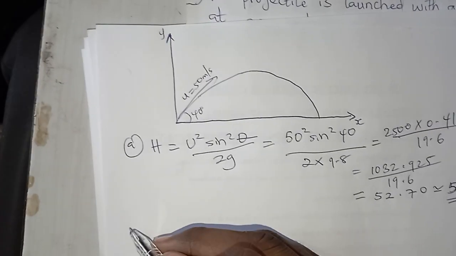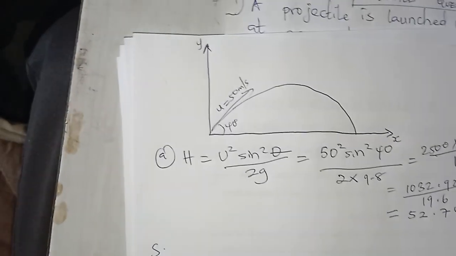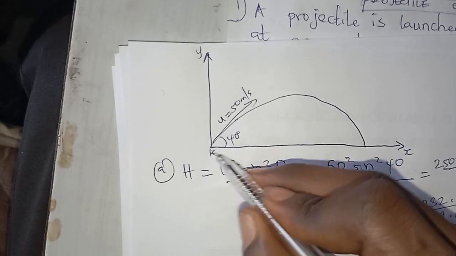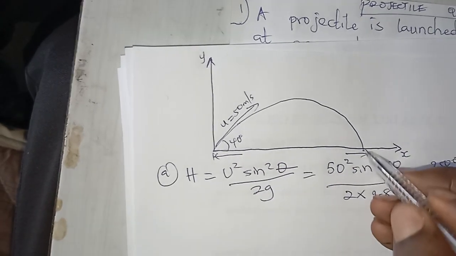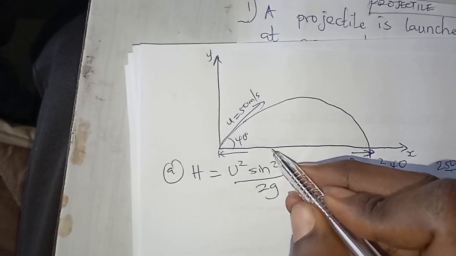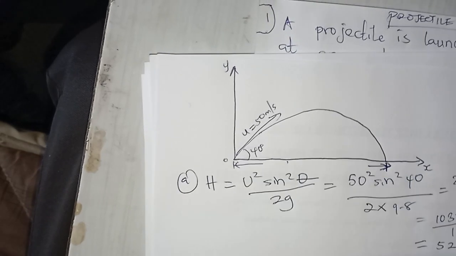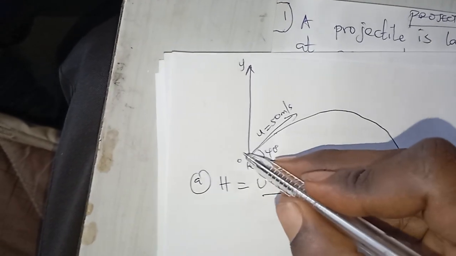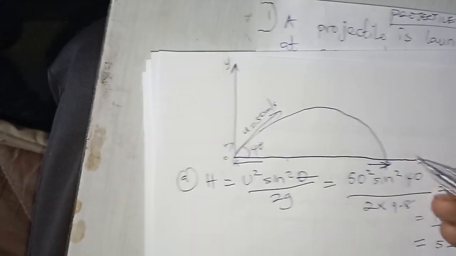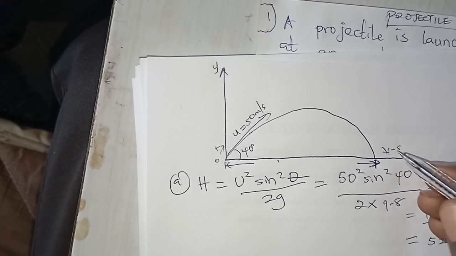And for the range, we know that range talks about the total horizontal distance. So in this case, as it's moving from here, this is displacement s. If it's going in this direction, it's positive displacement. If it's coming down, it's negative displacement.